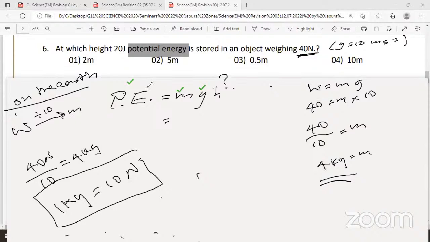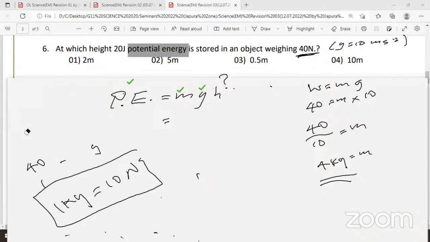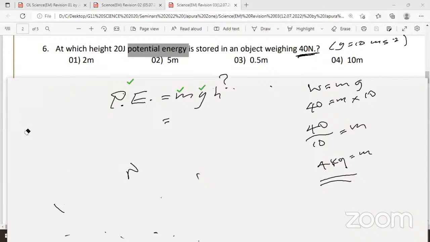Now I'll put here 4 kilograms, the mass, and everything else is known except the height from which it fell. I'll write here: mass 4 kilograms, g is 10, h is unknown, that is what we have to find, potential energy 20 joules.